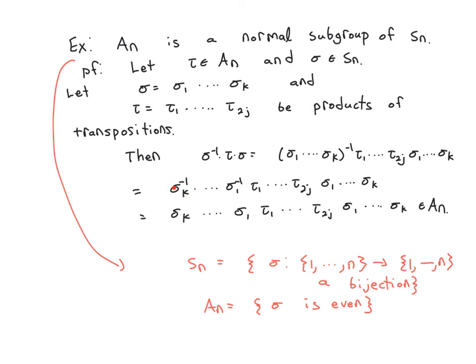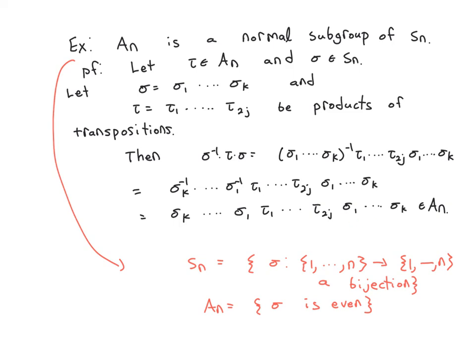The inverse of a transposition is itself. And so this conjugate is actually this product of transpositions. How many terms are there? There's 2j, there's k, and there's k.